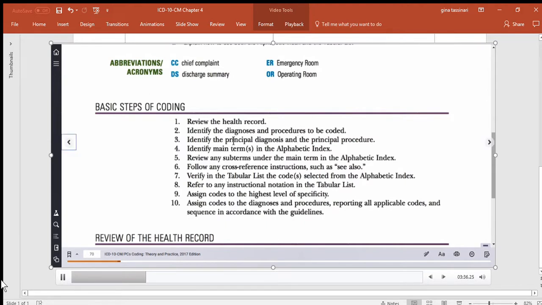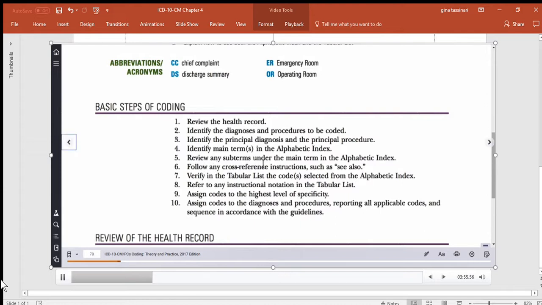So you would identify your main term in the alphabetical index. Then you will review the subterms, which are indented underneath the main term, to make sure that you are grabbing the code to the highest specificity.